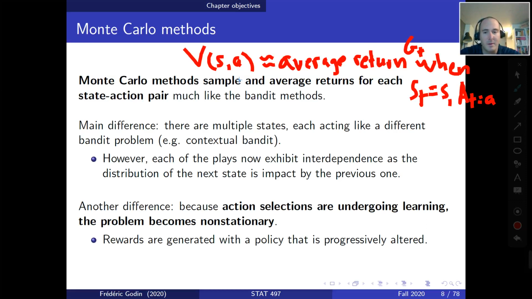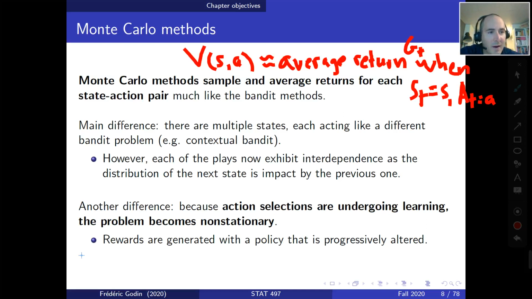Another difference between the current framework and the bandit's problem is that we said earlier we consider a fixed policy, but now let's consider the case of the generalized policy iteration, where we have to progressively refine our estimate of the optimal policy.